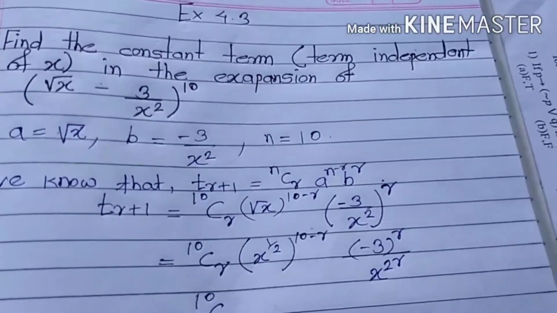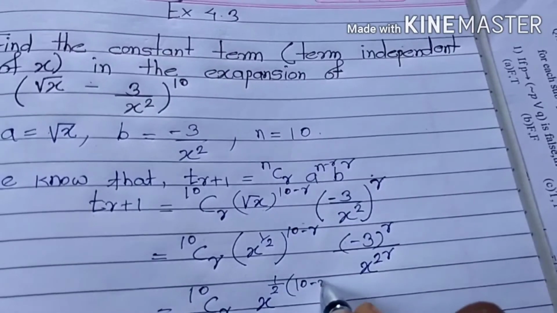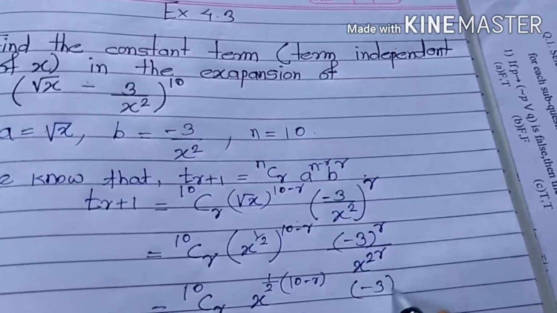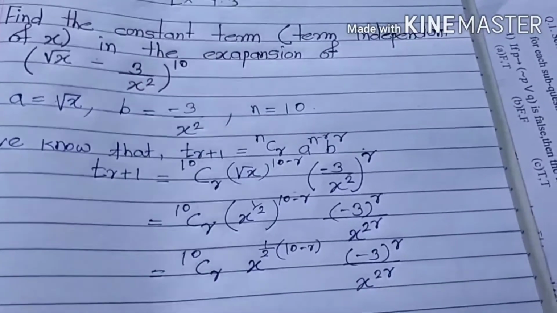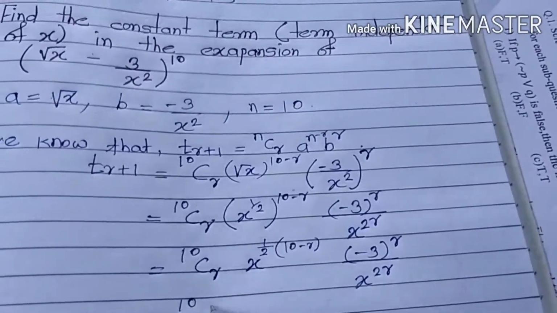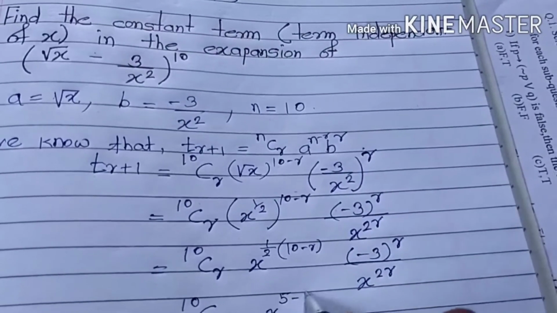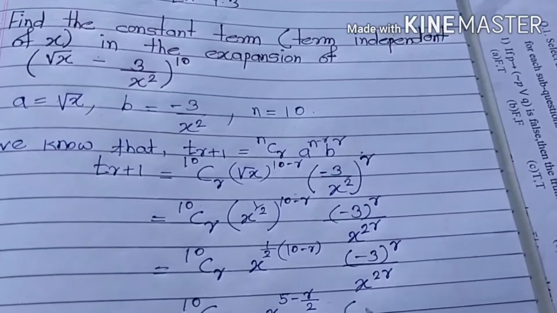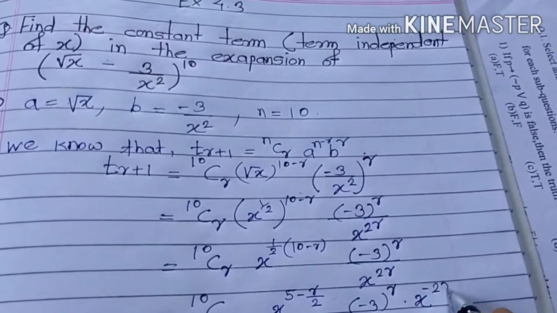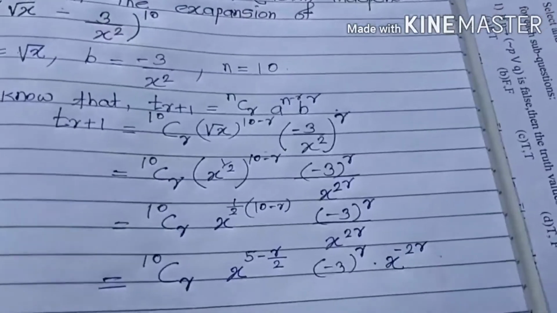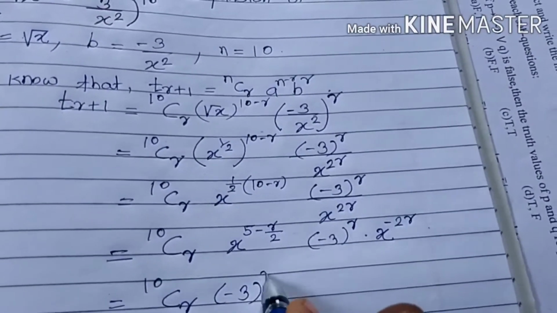Next, x raised to 1 by 2 into 10 minus r, into minus 3 raised to r upon x raised to 2r. So 10Cr, x raised to 1 by 2 of 10 minus r means it is (10 minus r) upon 2, which is 5 minus r upon 2. This is minus 3 raised to r, and this is x raised to minus 2r. So 10Cr as it is, minus 3 raised to r as it is.